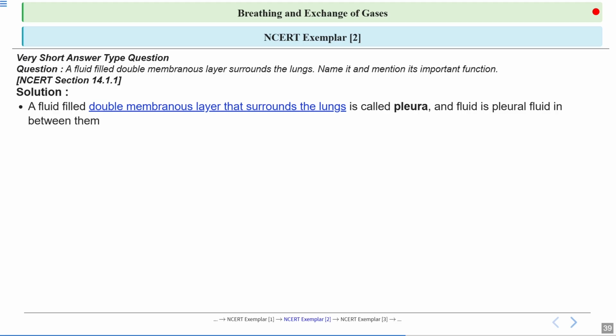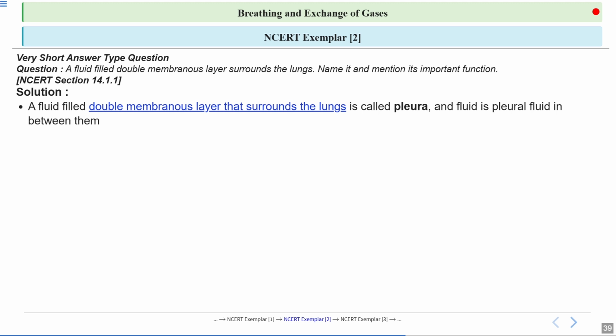And the fluid in between them is pleural fluid. So there is the wall of the lung, there is a membrane, and between these two there is a fluid filling, called pleural fluid. I've told you earlier also that some organs are very delicate in our body, like your lung, our brain, and our heart.